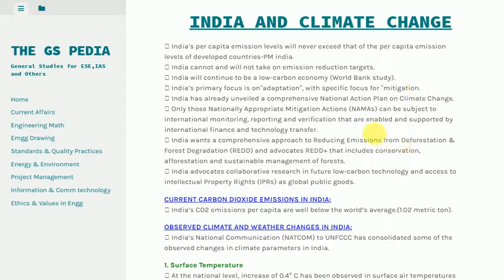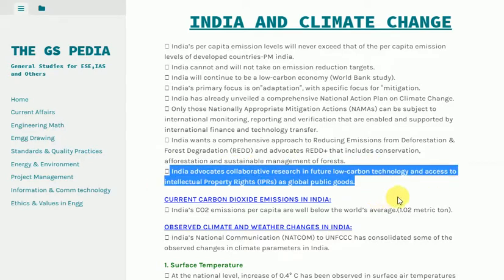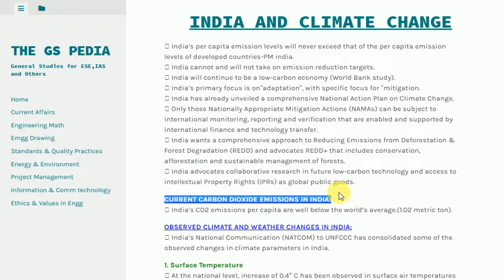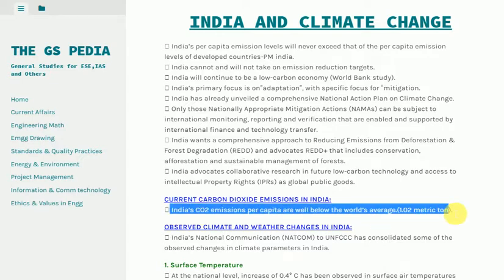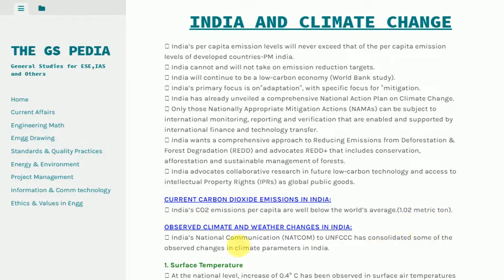India advocates collaborative research in future low-carbon technology and access to intellectual property rights as global public goods. Current carbon dioxide emissions in India: India's CO2 emissions per capita are well below the world's average, at 1.02 metric ton.